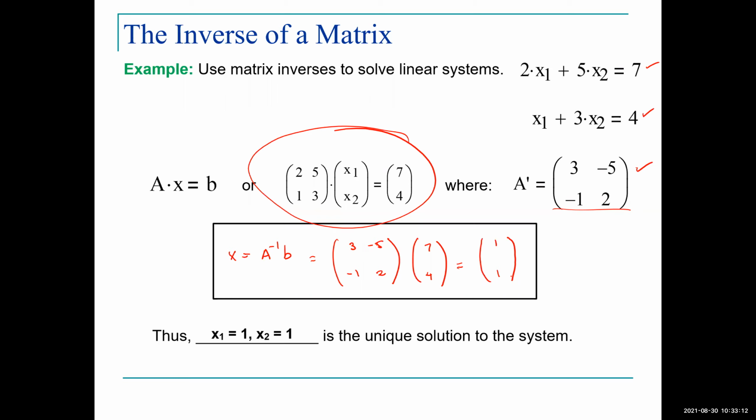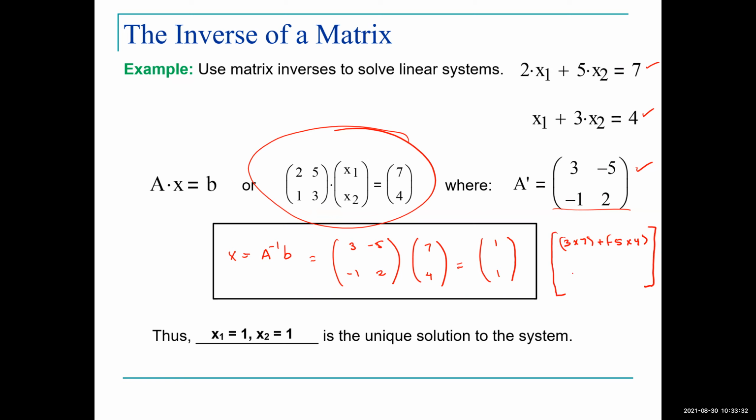Yes, so what you do is the scalar product. You have 3 times 7 plus minus 5 times 4. And that would be the first entry.